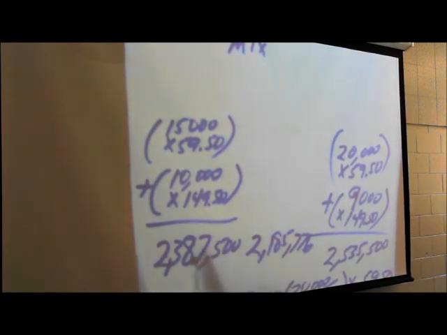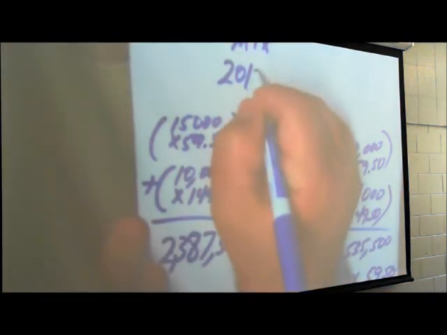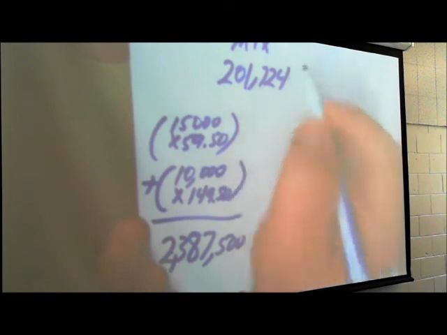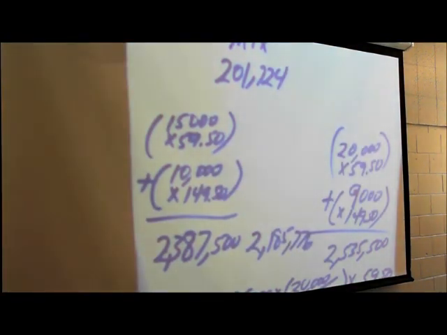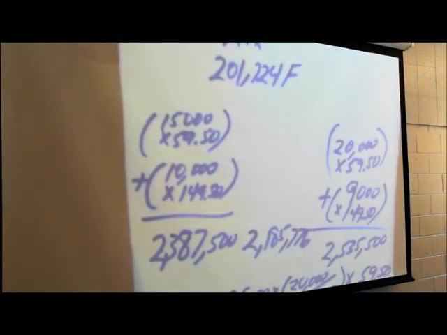The difference in these two numbers. 201,724. Favorable or unfavorable? Favorable. Number to the left is higher.